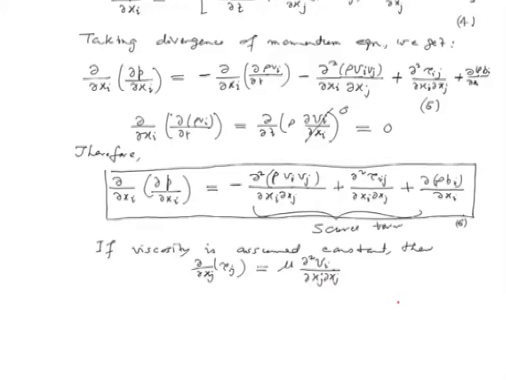If you apply del over del x i, this is mu times del 2 over del x j del x j of del V i over del x i. So, this also vanishes because of continuity. So, we get a very simple form for our pressure Poisson equation.